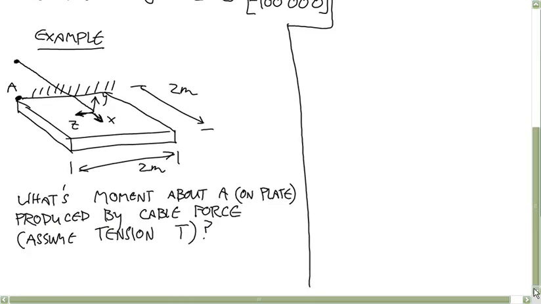So first, how do I get that unit vector? What are the steps for getting the unit vector in the direction of that cable force? We're talking about the force on the plate, so it's going to be pulling this way, towards the wall.